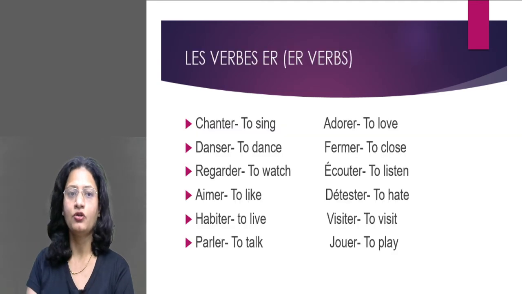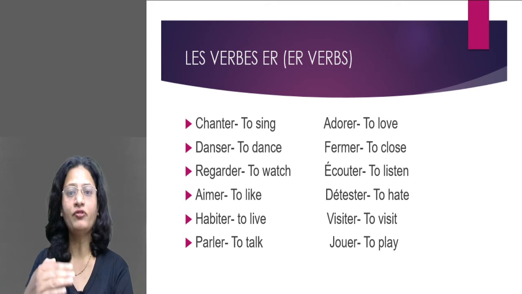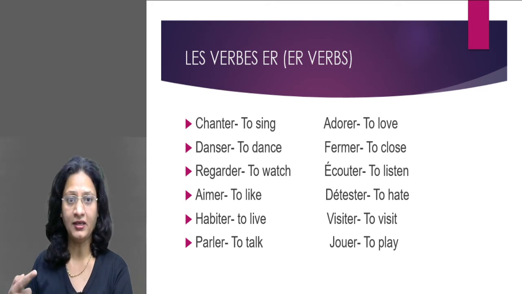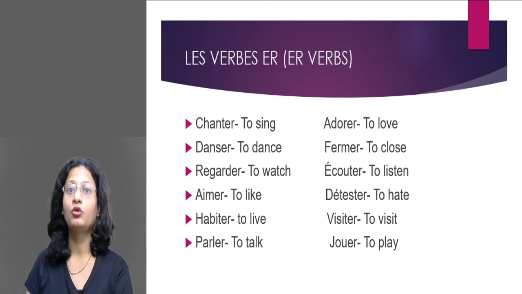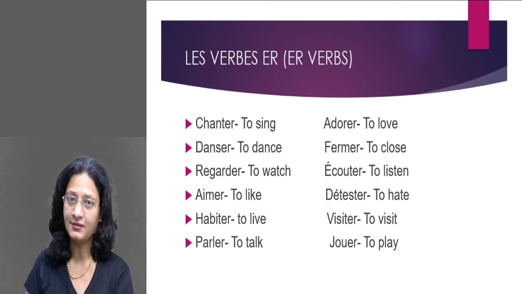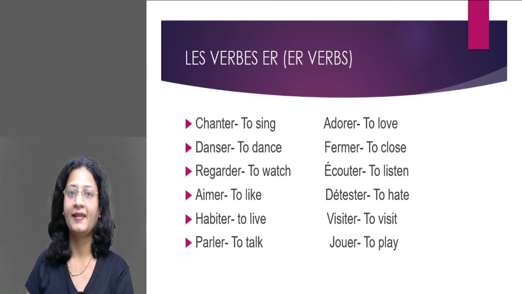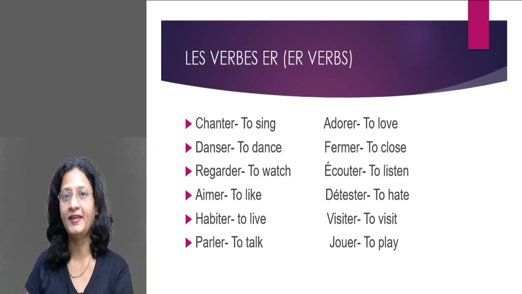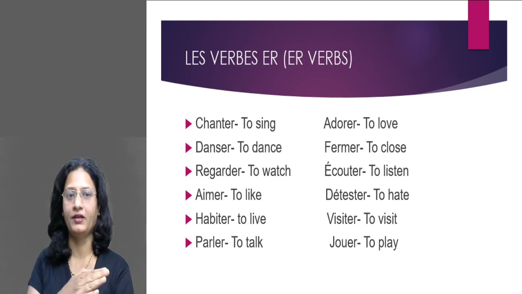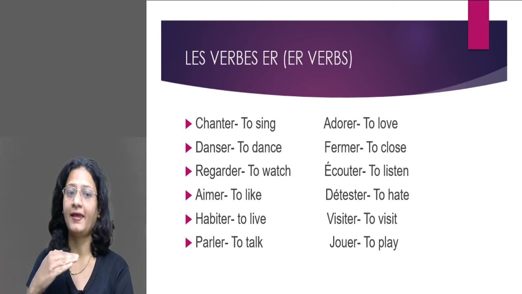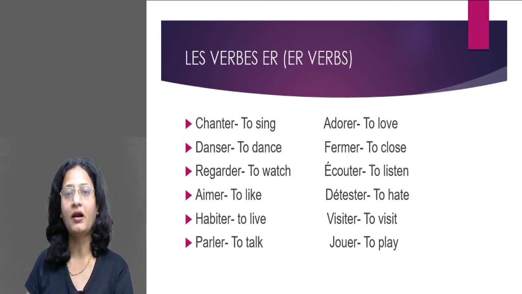Okay, so now these are the verbs which have the same regular conjugation, like chanter, to sing, danser, to dance, regarder, to watch, aimer, to like, habiter, to live. So aimer and habiter have the same conjugation because they start with a vowel. So j'aime, j'habite, and parler, to talk, adorer, to love.